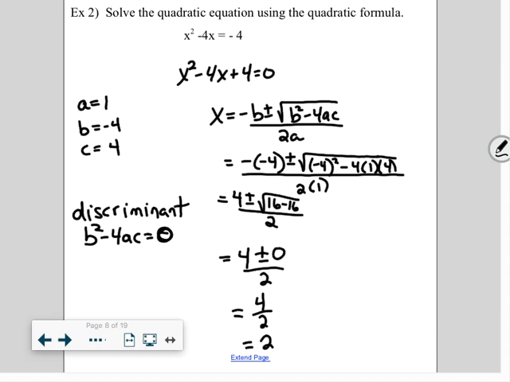Flip your notes to the first page and look at number 4 that says if b squared minus 4ac equals 0, there's only one repeated solution. Do you see we got one solution? If I graph this, let me make a beautiful connection here. If I happen to graph this, it looks like this.